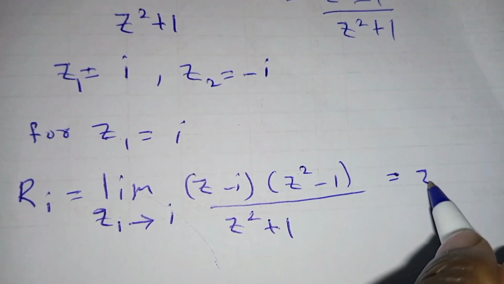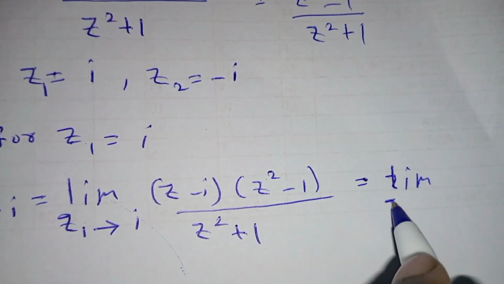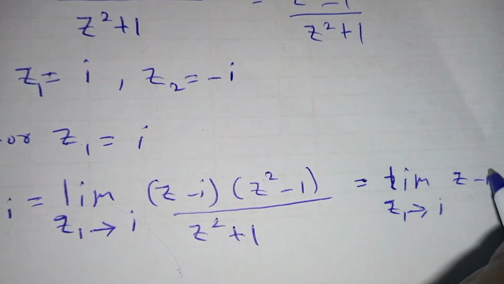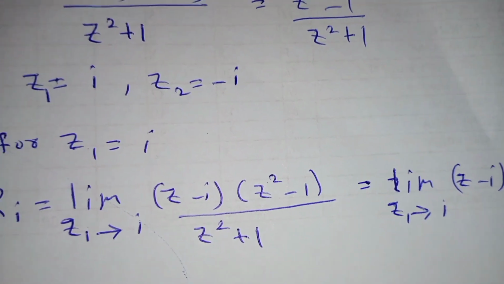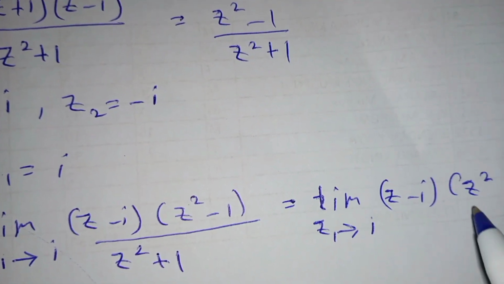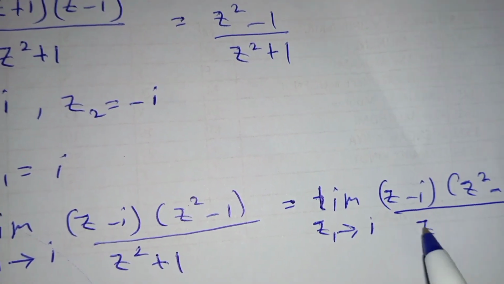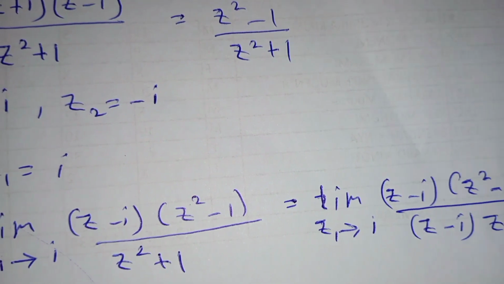So we have the limit as z tends to i of (z minus i) multiplied by (z squared minus 1) divided by (z minus i) multiplied by (z plus i).